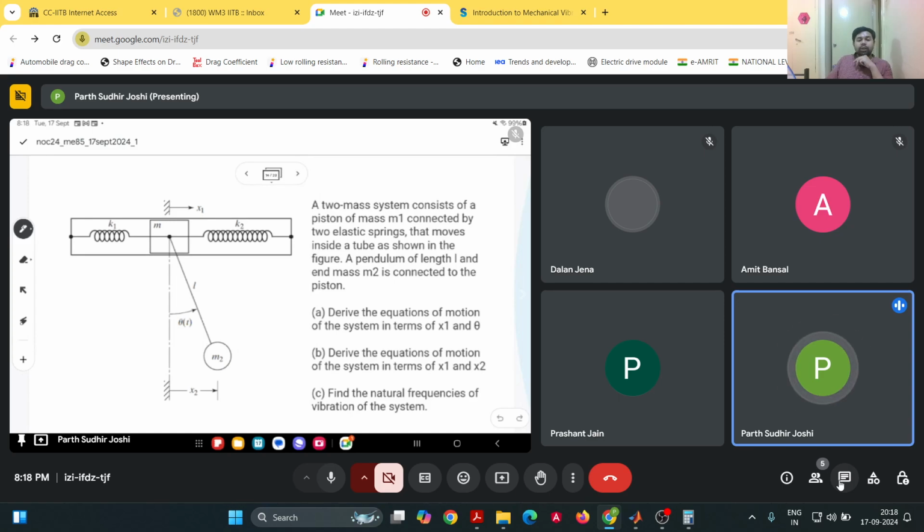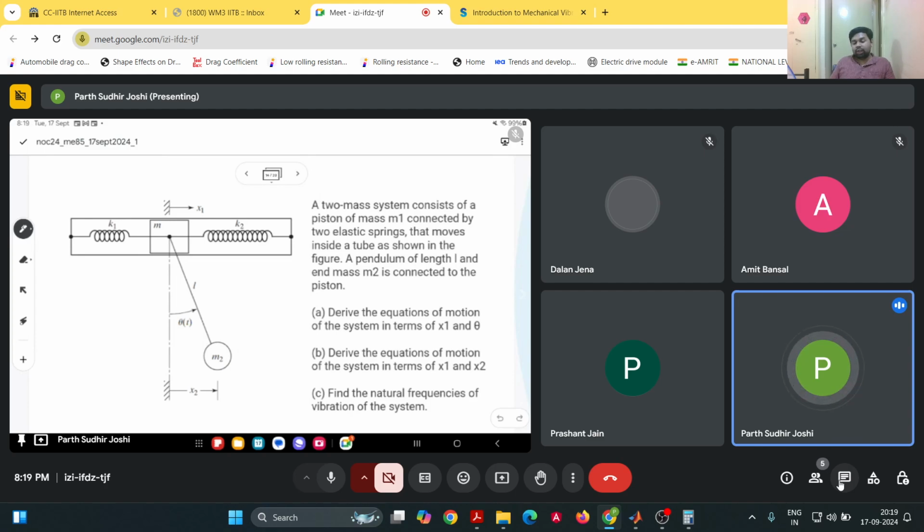If we consider that this length L is fixed, then that will become a two degree of freedom system. So the degrees of freedom can either be x1 and x2, or it can be x1 and theta.